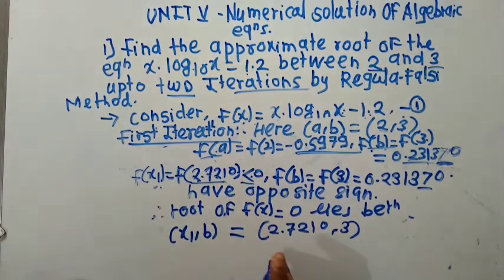So x1 and b is equal to this point: this is x1, this is b.